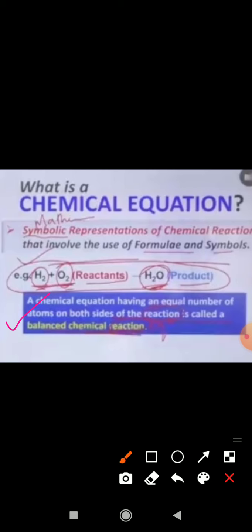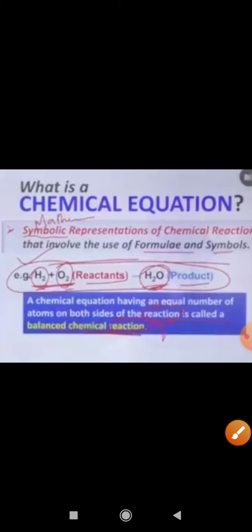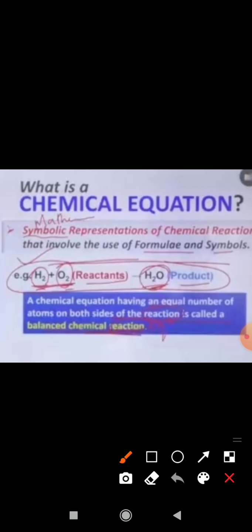Having an equal number of atoms on both sides of the reaction is called a balanced chemical equation. If here is H2, then here in the product there is also H2.